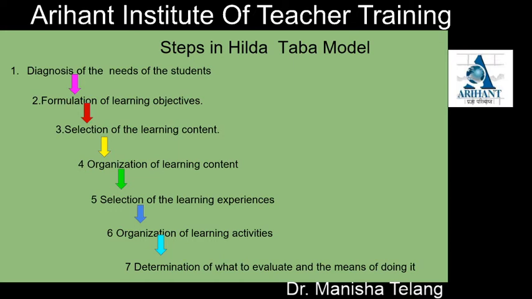The fifth step is selection of learning experiences. Content must be presented to students and students must engage with the content. At this point, the teacher selects the instructional methods that will involve the students with the content. The sixth step is organization of learning activity.